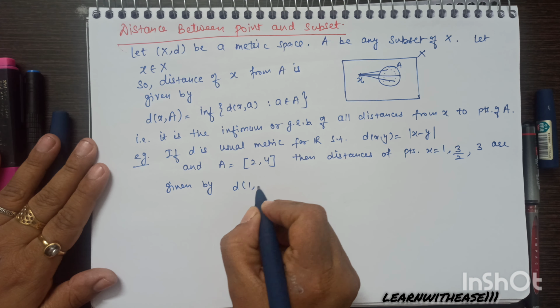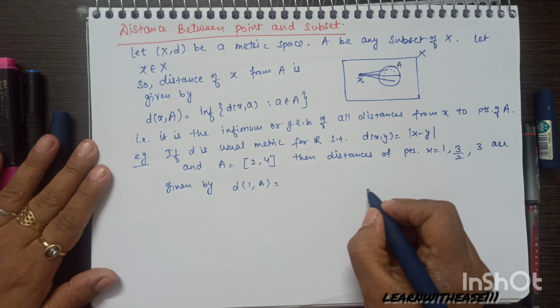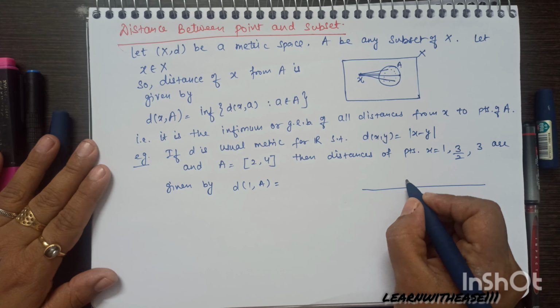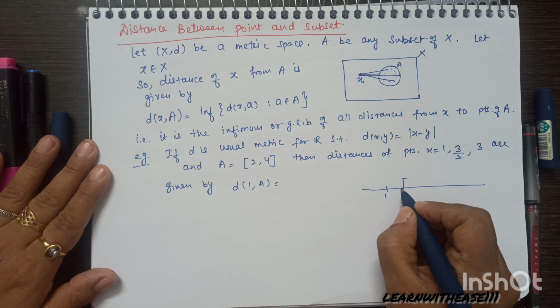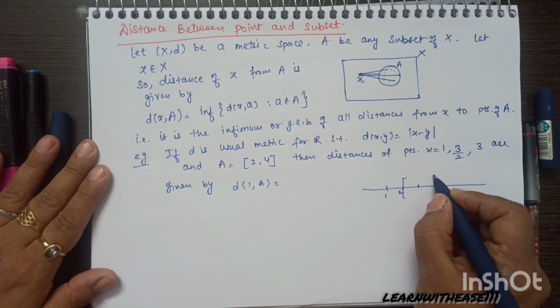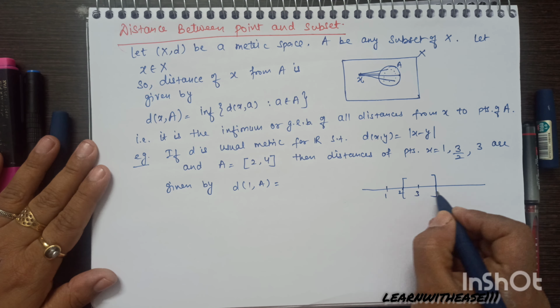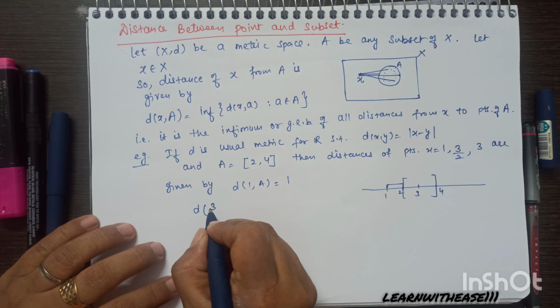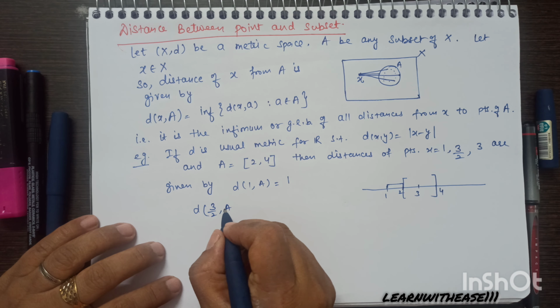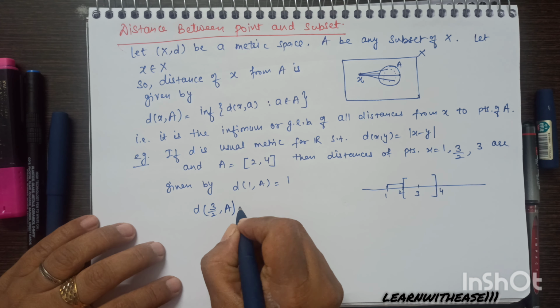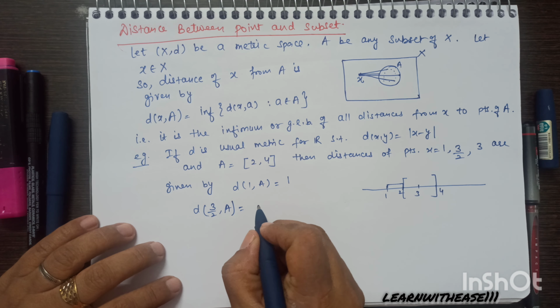When x equals 1, then d(1, A) is given by, suppose this is the real line, 1 lies here, interval [2, 4] is this, 3 lies in the interval. So the minimum distance will be captured from 1 to 2, that is modulus of 1 minus 2, that is 1. Similarly, the distance from 3/2 to A is given by modulus of 3/2 minus 2.